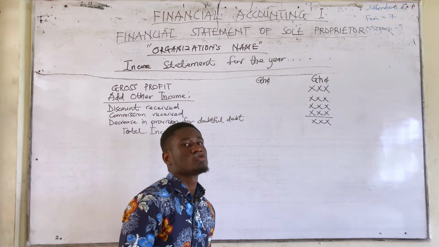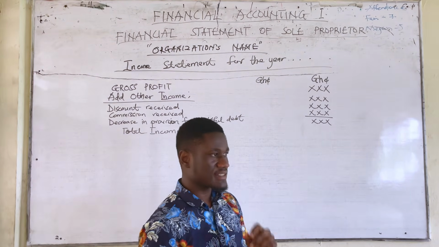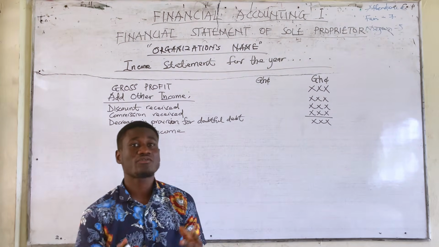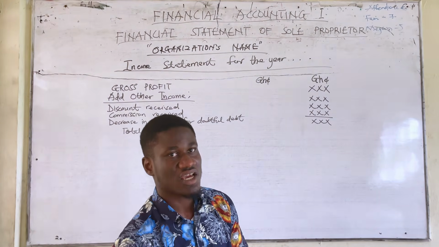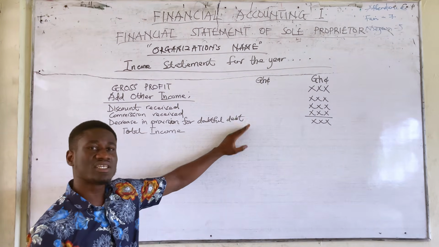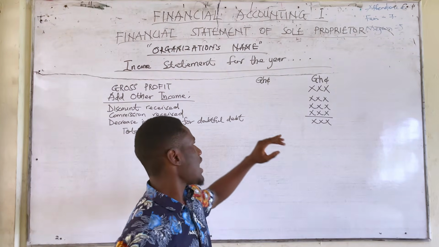Do you get it? So if the old provision for doubtful debt in the trial balance was let's say 100, and you calculated your new provision and you had 80, okay, there has been a decrease in the provision for doubtful debt.